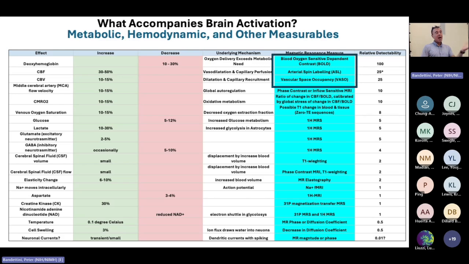With a high amount of diffusion weighting, you're very sensitive to the water molecules. The higher the amount of diffusion weighting, the slower the diffusion rate that you're sensitive to.